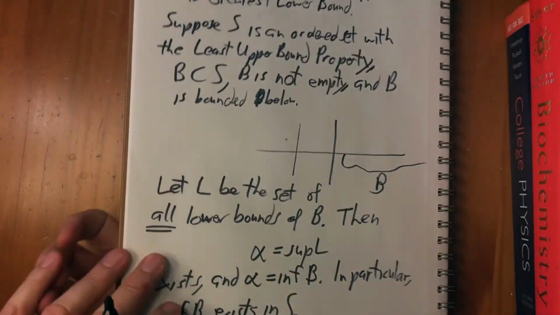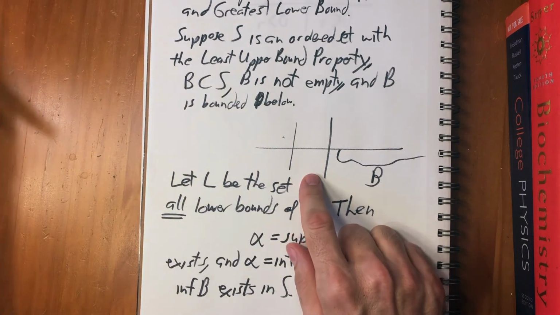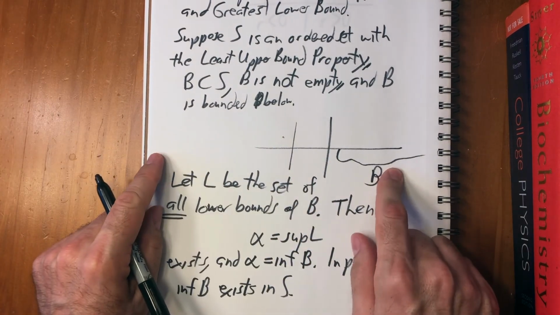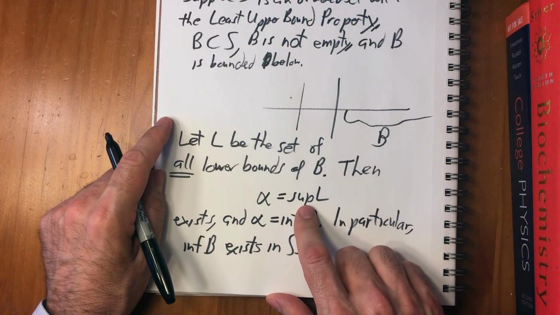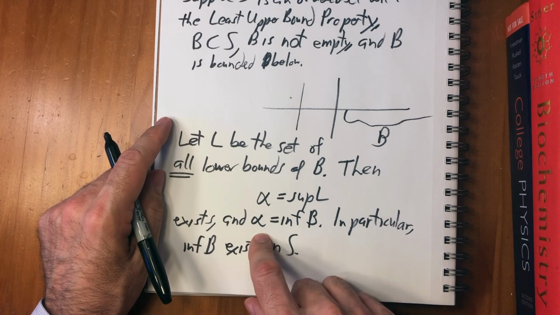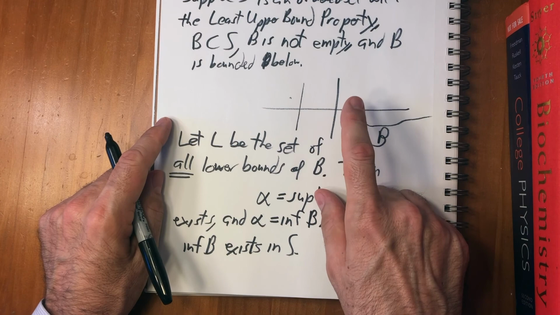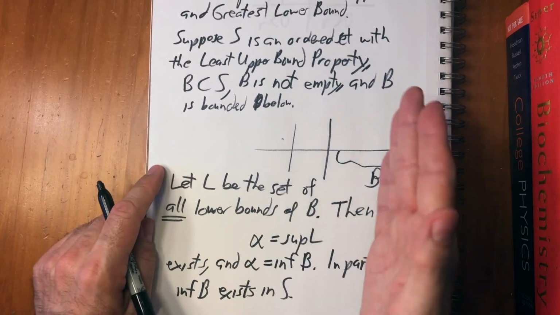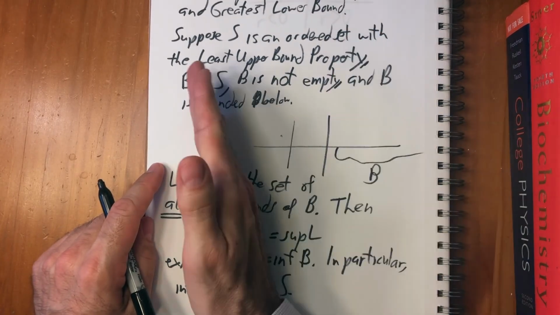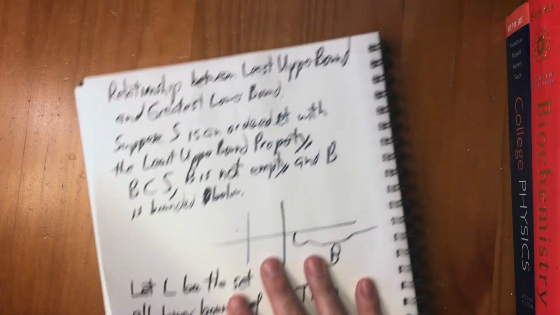So just to say it one more time, what we want to prove is that the set of all lower bounds of B has a supremum, and that that supremum is the same as the infimum of B. So the least upper bound of L is the greatest lower bound of B.